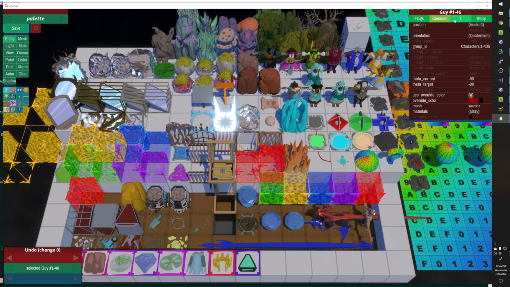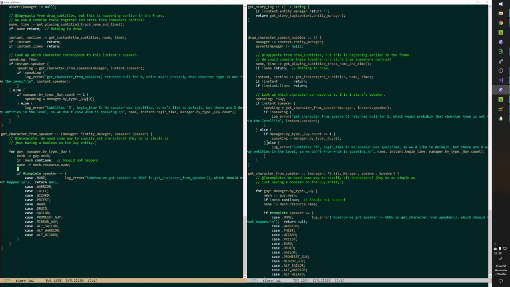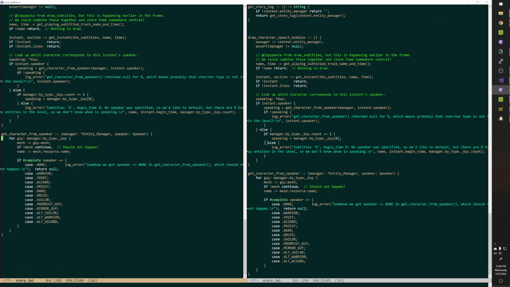Or we could go by... Oh, we have mesh names for all the alts. That's how. Okay, so never mind. I thought they were just color swaps, but they're literally different meshes. Yeah, we can go by mesh name.